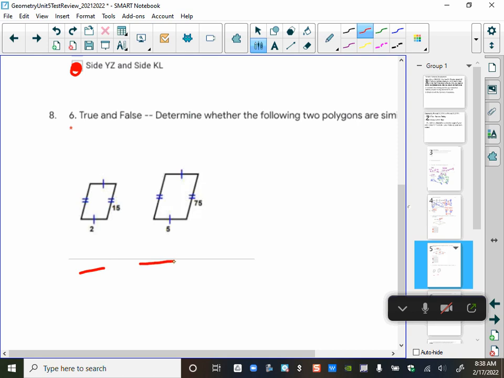So what number was going on the top again? 15, then 2, okay, then 75, then 5. All right. So you can figure out with the sides who matches with who, and then you set up your proportion, just like what you said. So, Melanie and Cindy, you were both right.